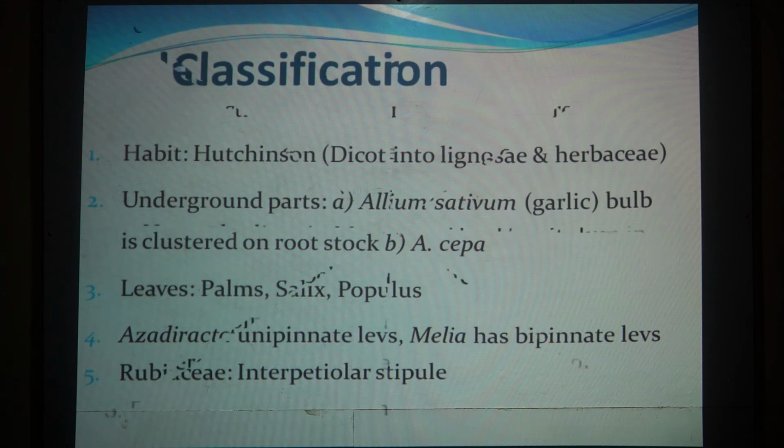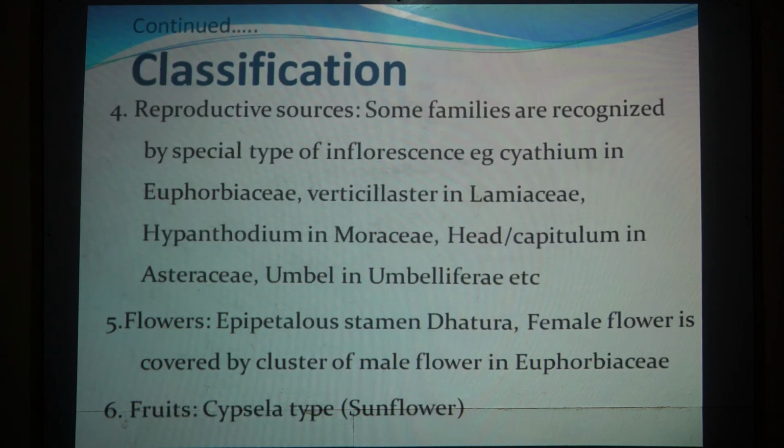Then next one is the reproductive parts. How are these reproductive parts used for classification? For example, inflorescence. Inflorescence is also significant in identification of plant families.